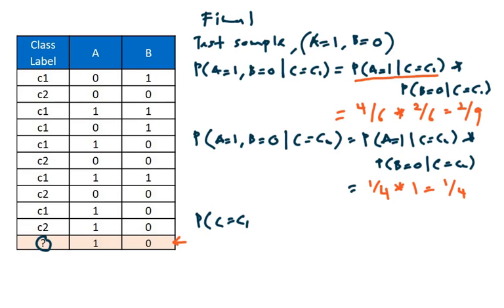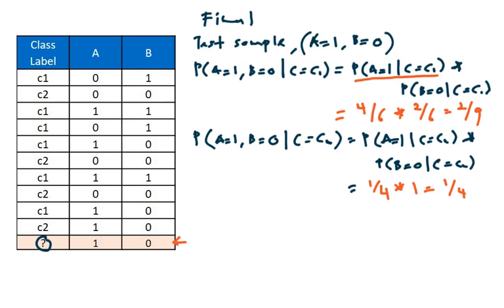So finally, given A equals 1 and B equals 0, let me do it in the next page.